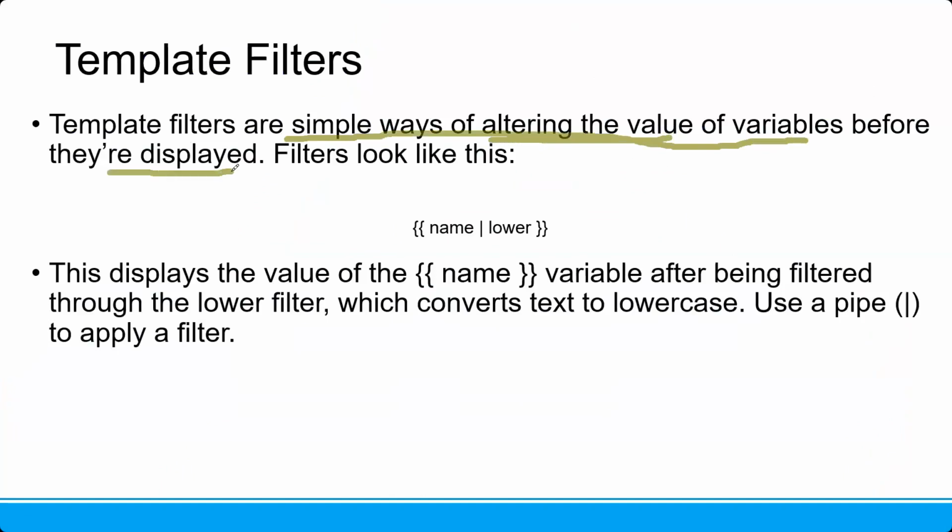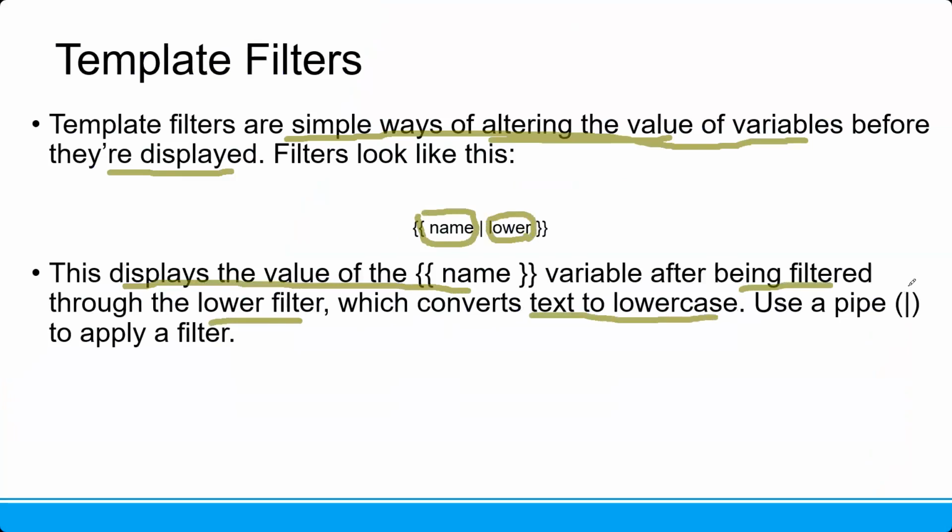For example, I want to print the name, but I do not want to print the name as it is. So I want to make it lowercase, or I want to make it uppercase. So this will display the value of the name variable after being filtered with the lower filter. And then the text will be in lowercase.